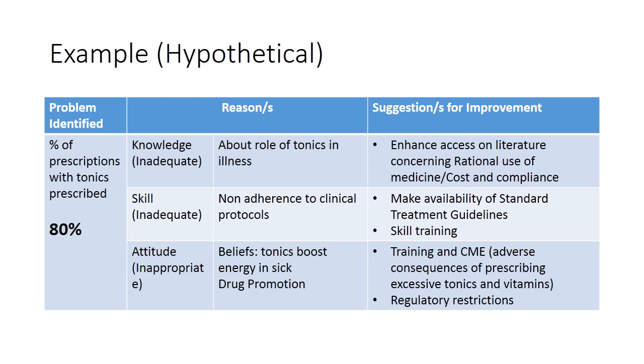So far as inadequate knowledge is concerned, that is about the role of tonics in illness, and the suggested improvement is enhanced access to literature concerning rational use of medicine or the relationship between cost and compliance. Then skill inadequacy can be dealt with by making standard treatment guidelines more available, and skill training.